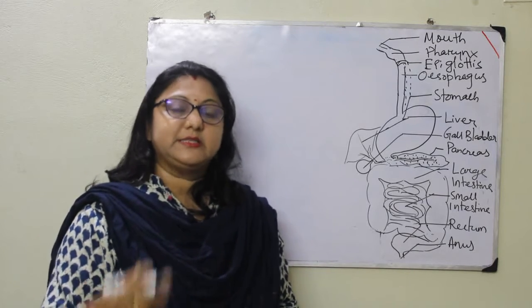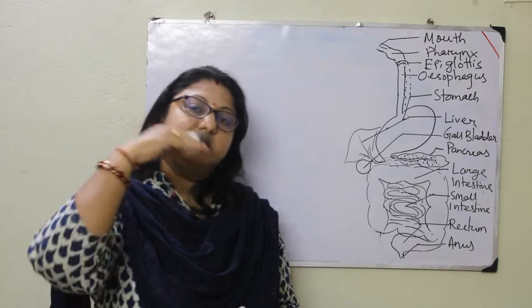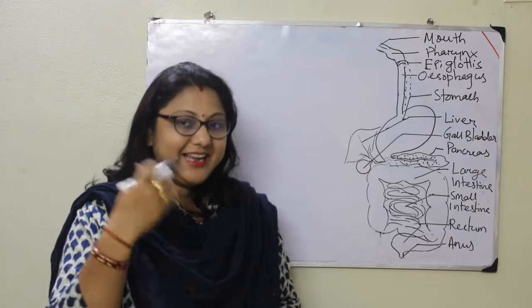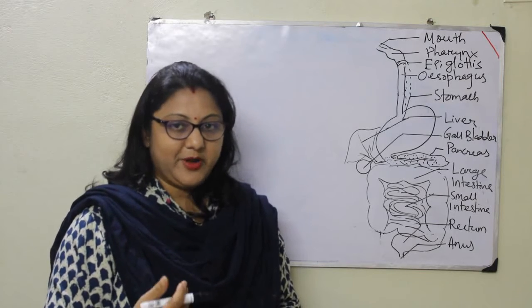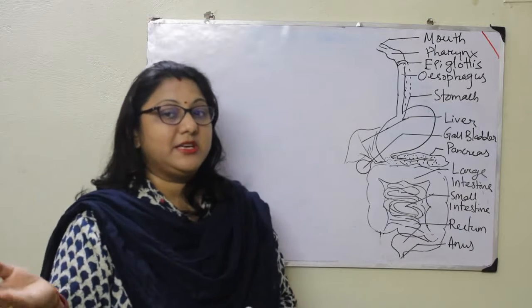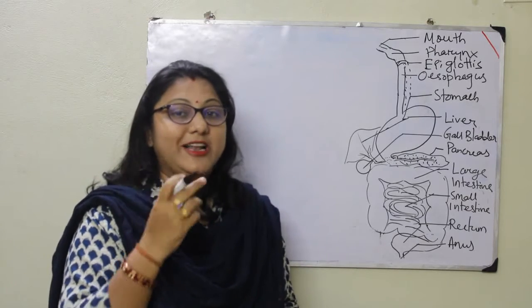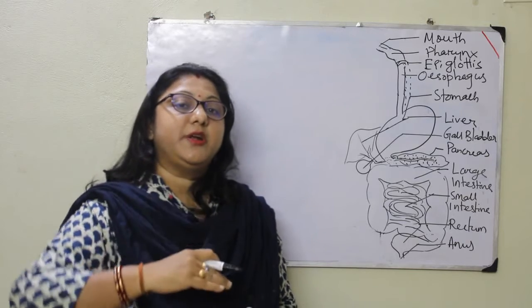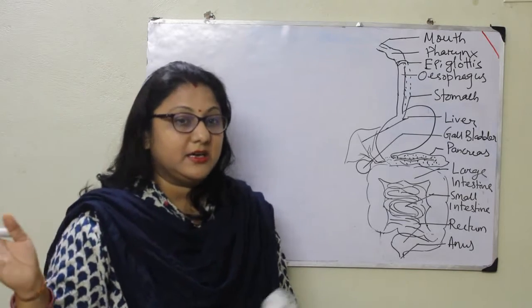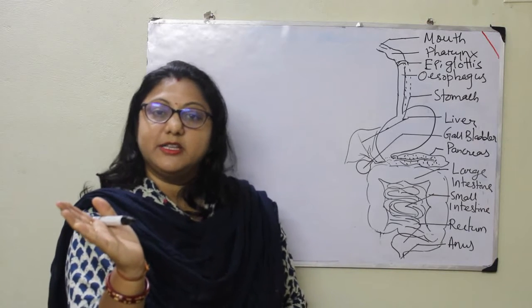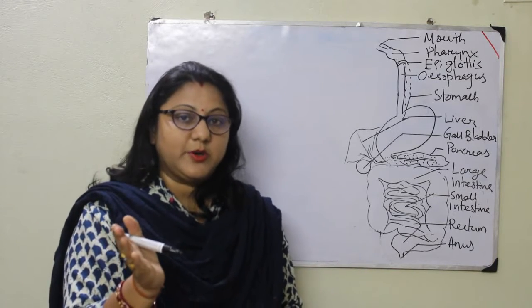Normally what happens, the epiglottis covers our esophagus. Why? Because we do not eat food all the time, right? So epiglottis is needed to open the esophagus, not while chewing. While swallowing the food, it should open the tube of esophagus and close the tube of the windpipe. Otherwise what is going to happen?